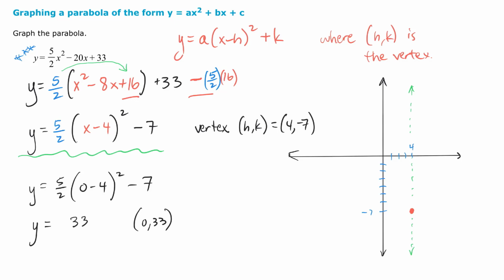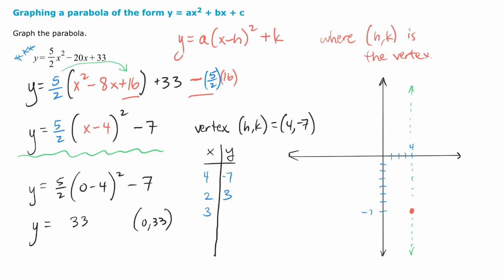So maybe we'll try a different approach. Why don't we make a t-chart of x's and y's? And we already have one ordered pair. That ordered pair is (4, negative 7). So let's try x to be 2 and then x to be 3 and see what we get. So if x is 2, we get 3.